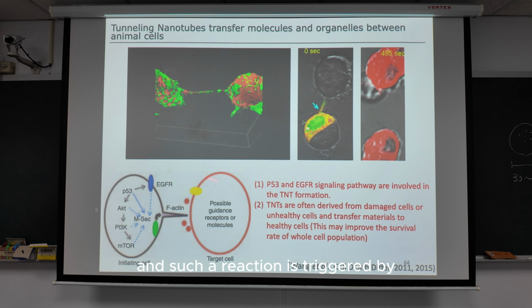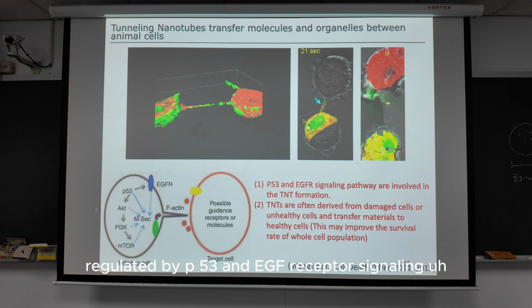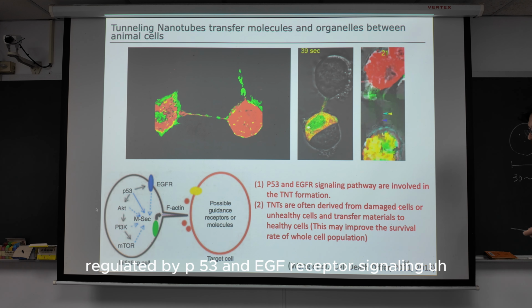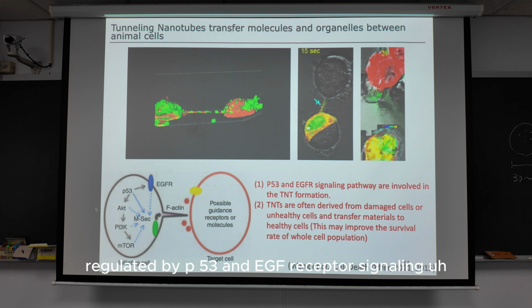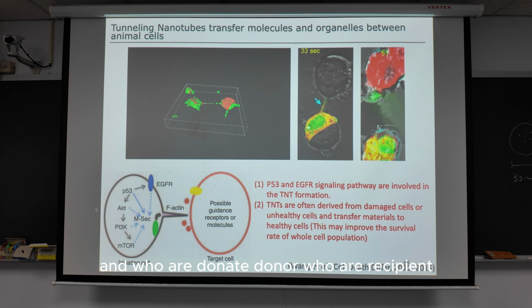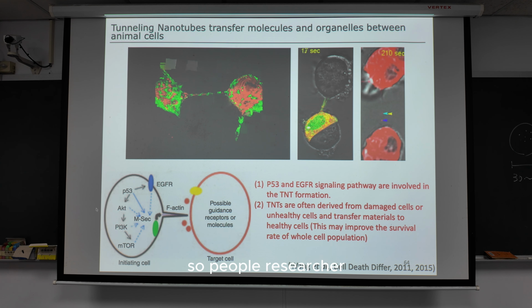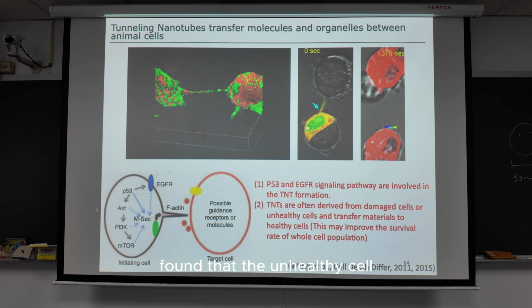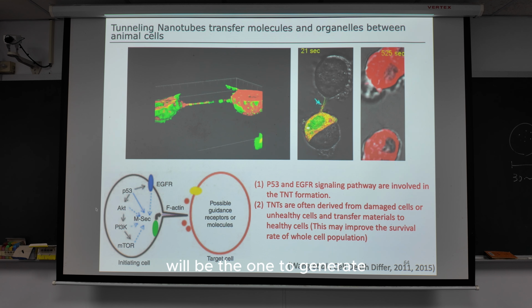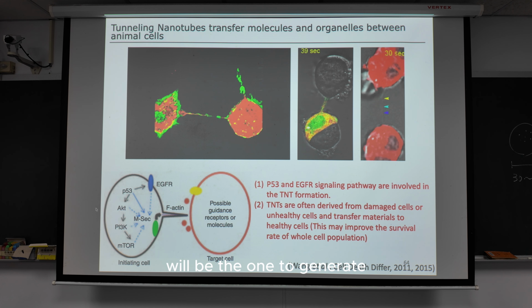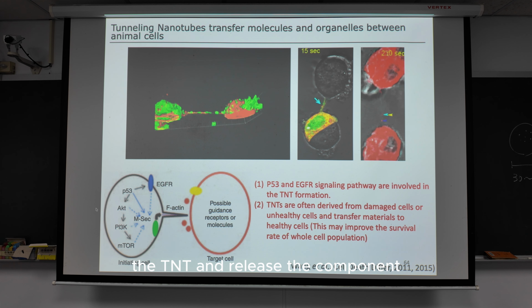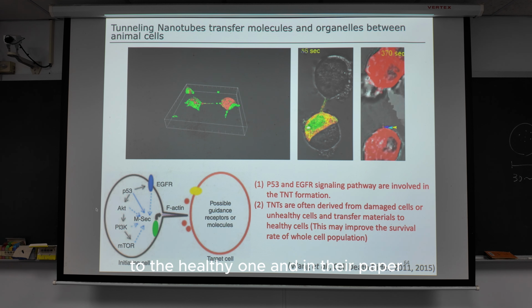And such a reaction is regulated by P53 and the EGF receptor signaling. Who are donors, who are recipients? Researchers found that the unhealthy cell will be the one to generate the TNT and release the component to the healthy one.